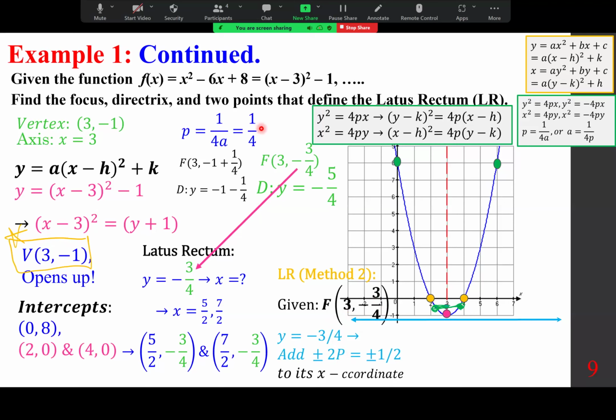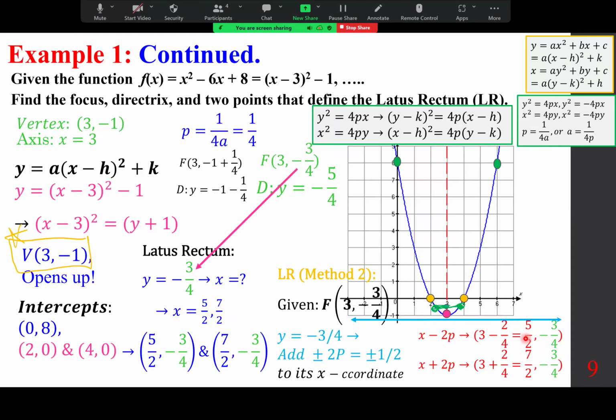If you multiply it by 2, you get 1/2. So if you add and subtract that from the x coordinate, meaning x minus 2p, that means 3 minus 2/4. I'm putting 2/4 because I want to make sure you understand 2 times 1/4. And x plus 2p, 3 plus 2/4, we get those numbers.